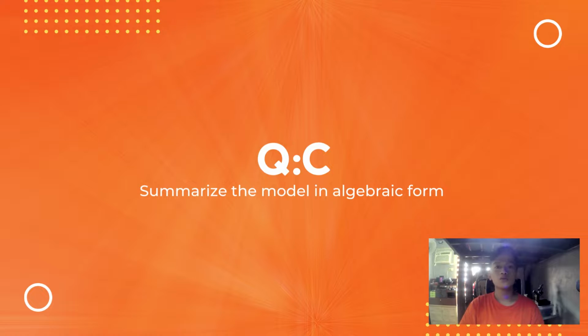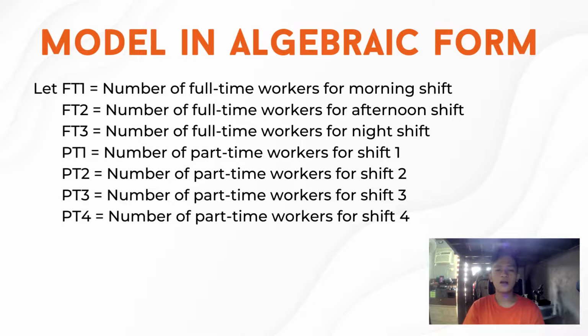Thank you. So for the next question, we are tasked to do an algebraic equation for this problem. So here are our representations, which are somehow discussed by V and Jaime already, but let me recap. So FT1 to FT3 represents the full-time workers for morning, afternoon, and night shifts respectively.